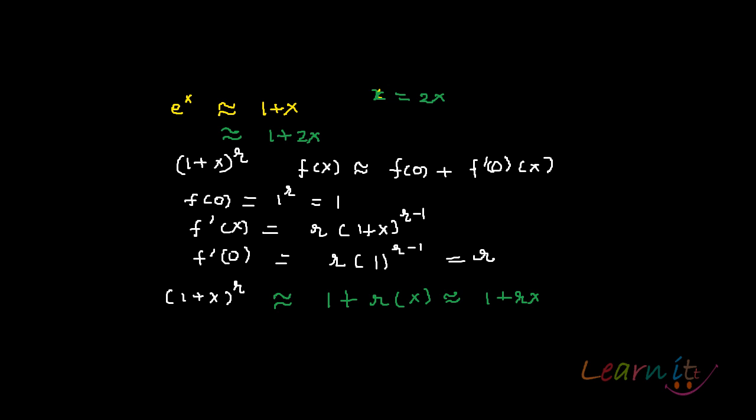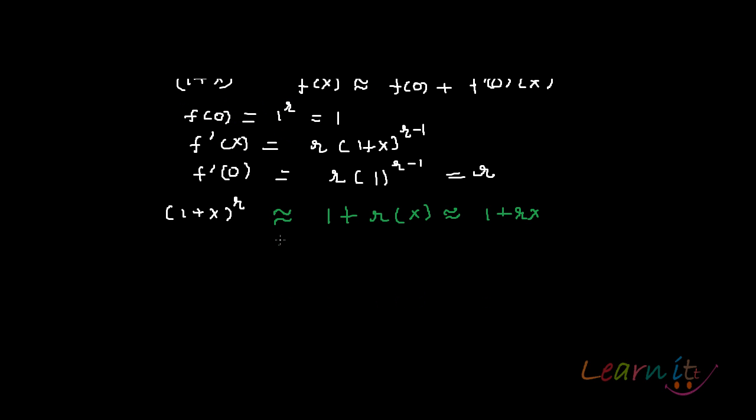Now in our question, r equals minus 3 by 2. So this function will equal 1 minus 3 by 2 x, okay, 1 minus 3 by 2 x.